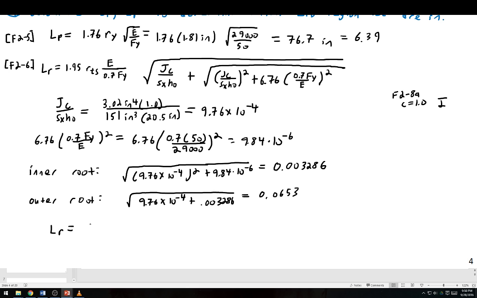Lr then is just equal to 1.95 times 2.19 inches times 29,000 over 0.7 times 50 times our 0.0653.